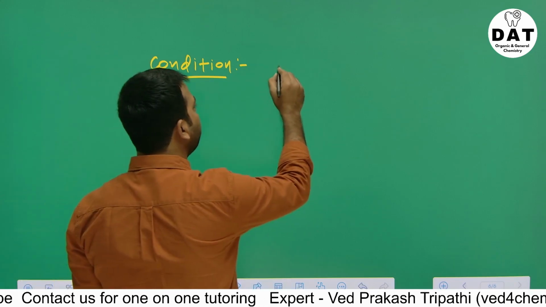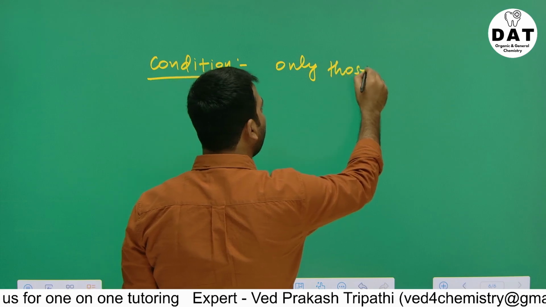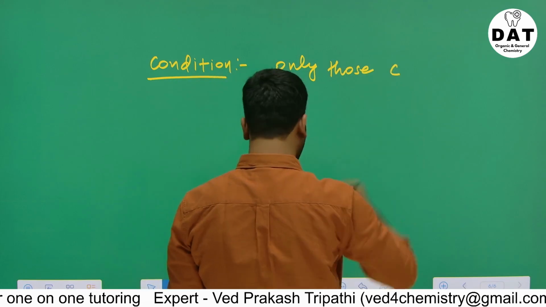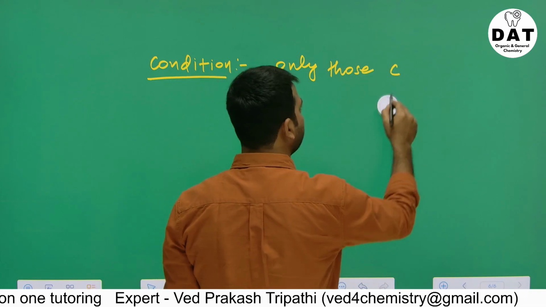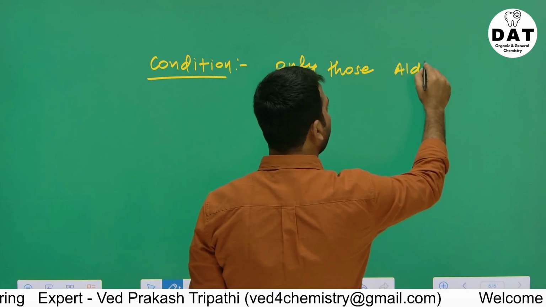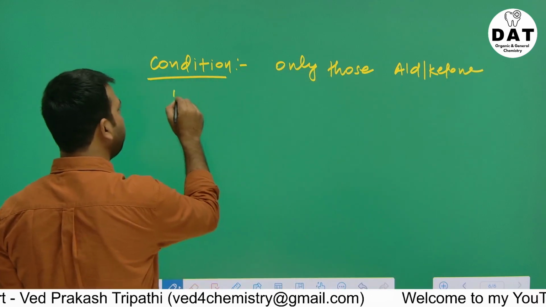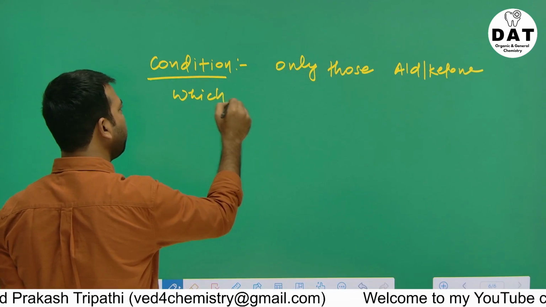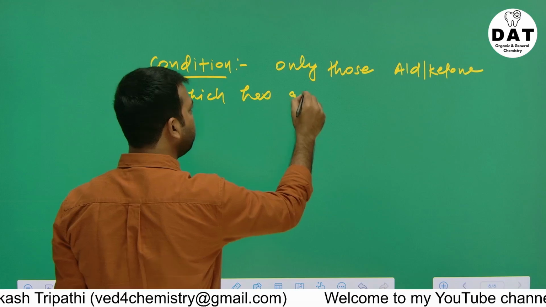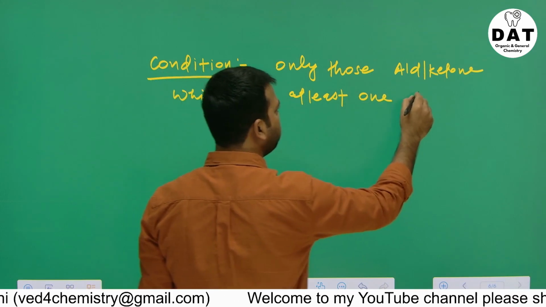So I can write here only those carbonyl, or we can say aldehyde and ketone, which has at least one alpha H must be present.